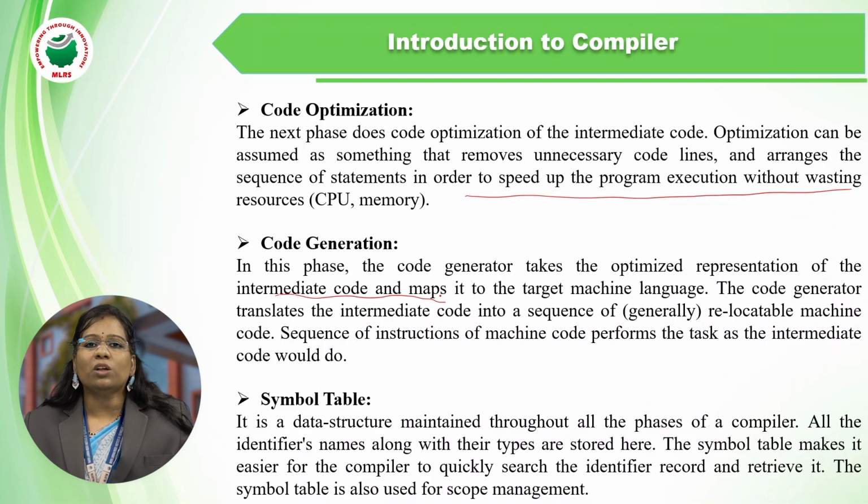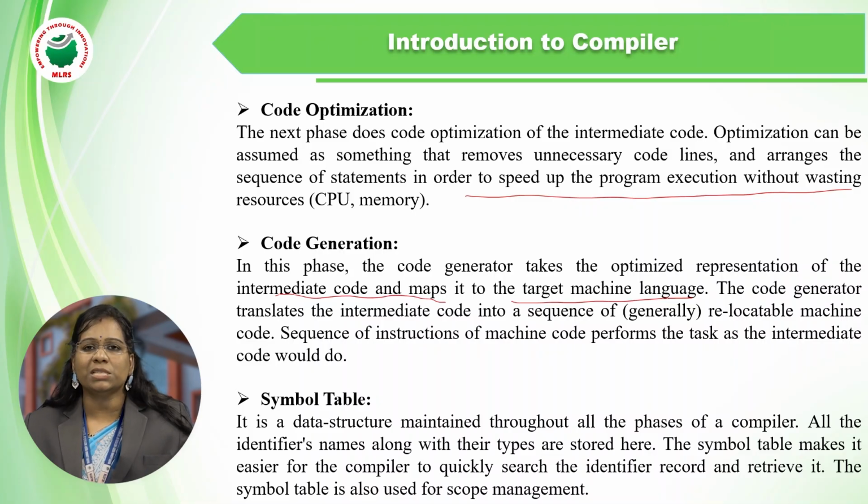And what is the work of code generation? It has to map to the target machine code. This code generator is used to execute the program without any error. So these are the phases of a compiler.